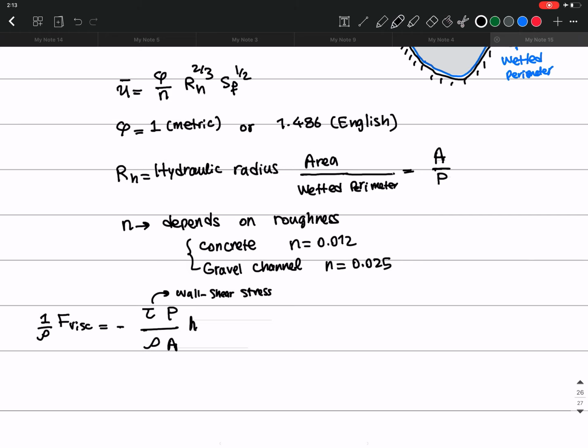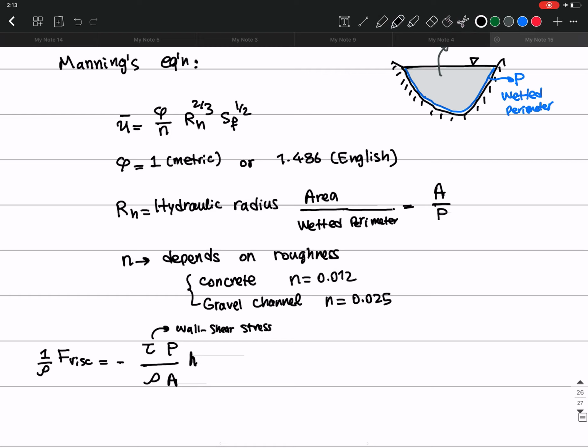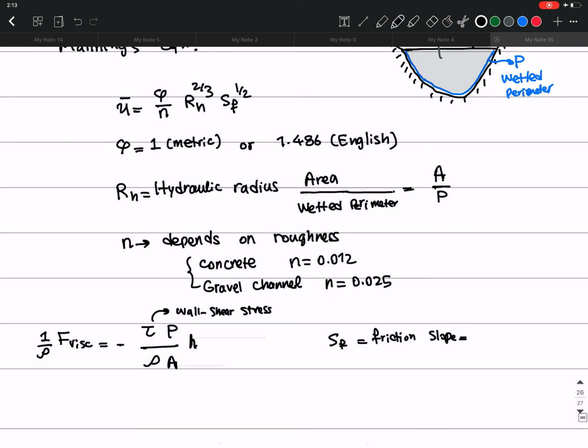And SF, which is the friction slope, is tau, your wall shear stress, over rho g A over P. Okay, so this is another relation that we have.